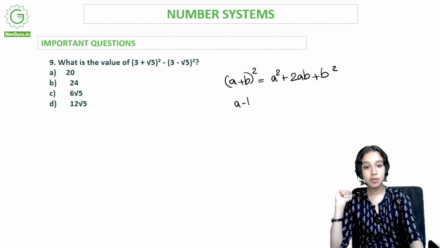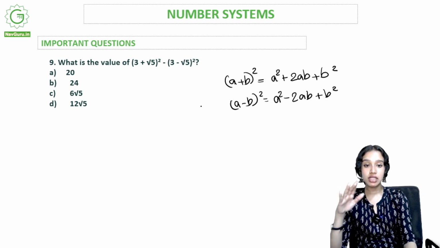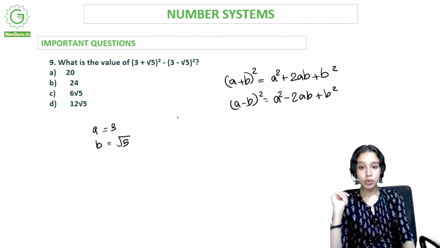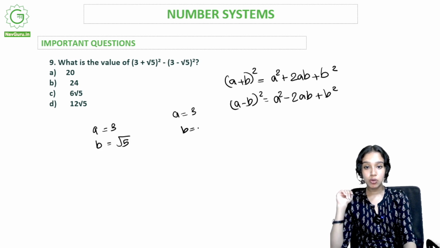And a minus b the whole square equals a square minus 2ab plus b square. So let's solve this with these equations. We have a equal to 3 and b equal to root 5 in the case first. And we have a equal to 3 and b equal to minus root 5 in the second place.